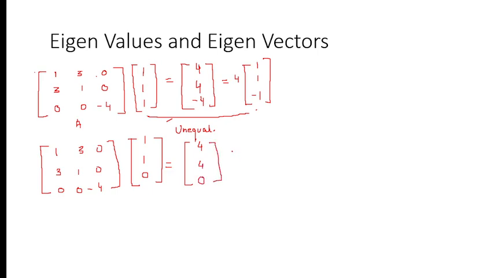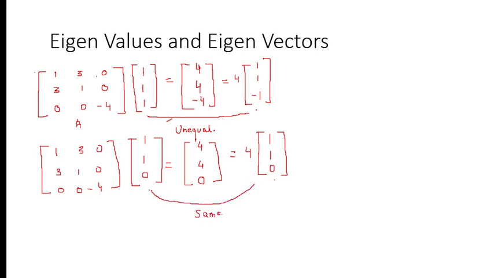If I take the 4 common, I get 1 1 and 0. So this vector and this vector are the same.